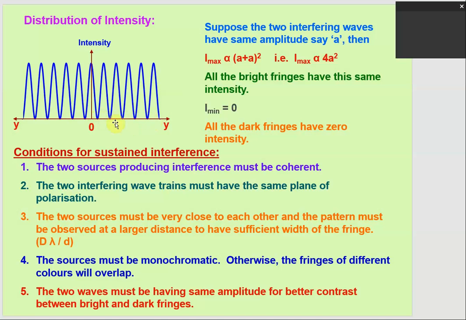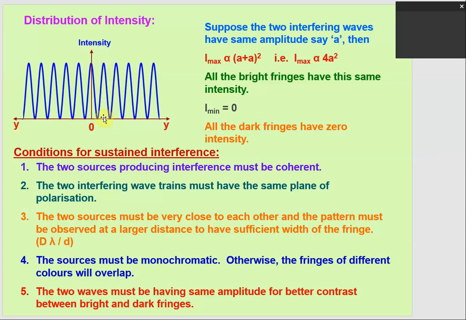So at the center of the screen we have a bright spot, therefore the intensity of the light is maximum, and as we move away from the center, the intensity goes on decreasing, and at this point we get a dark fringe where the intensity becomes minimum. As we move a little further away from this dark fringe, we again get more intense light at the first bright fringe.